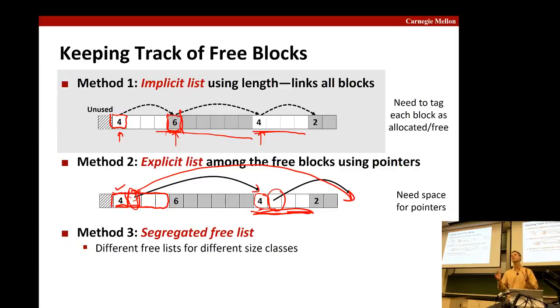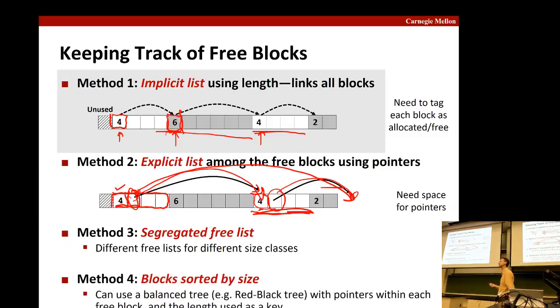So maybe you have a free list for all the blocks where the available space is size 4, and maybe you have ones for all the ones that are size 8 or 16 or whatever. So some different combinations, and you have separate free lists. Therefore you don't waste your time hopping through ones that clearly aren't going to be the right size.